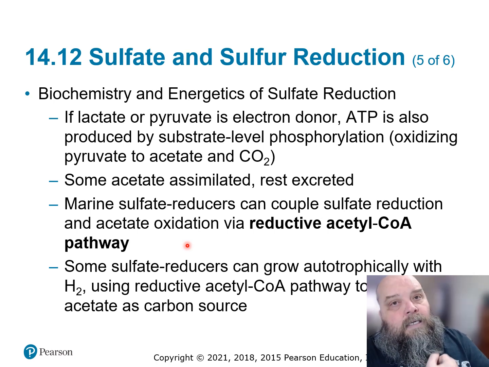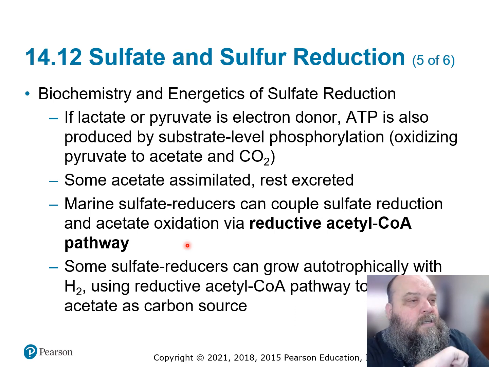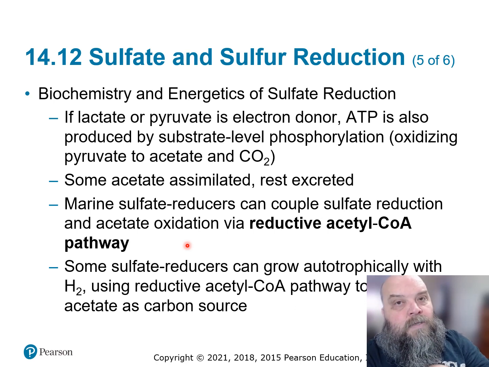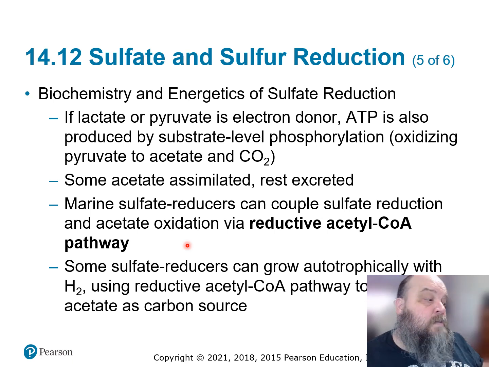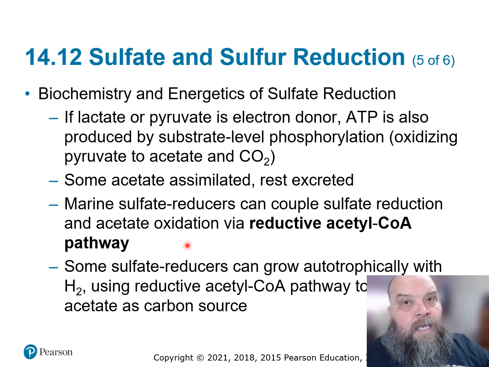Keeping in mind that with this sulfur metabolism, maybe the electron donor isn't hydrogen. Maybe it's something else in the environment. Hence that lactate and the pyruvate that were shown there. The pyruvate could be from the cell's own glycolytic pathways, or it could be pyruvate that was excreted because it was overproduced by some other cell.